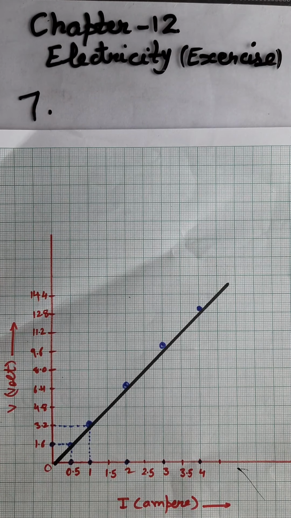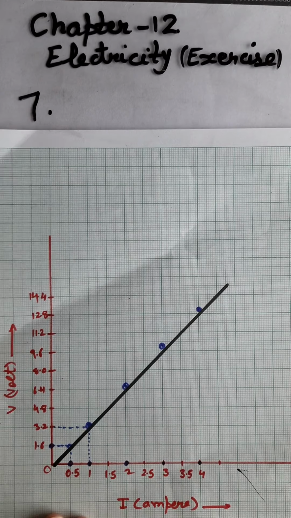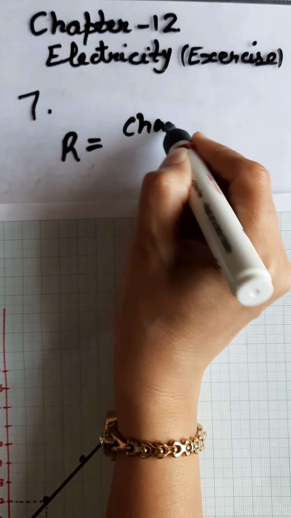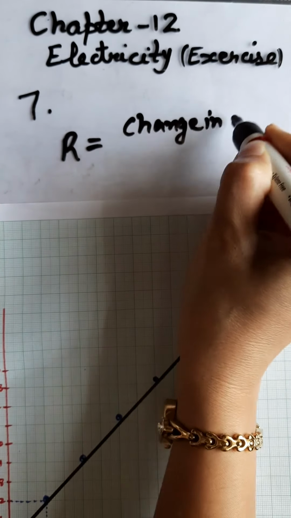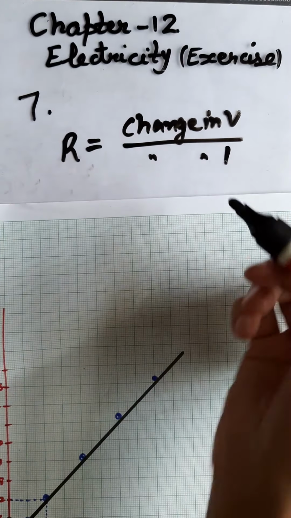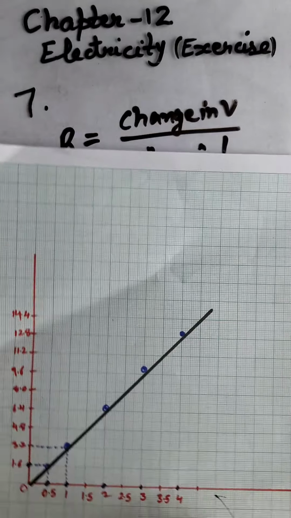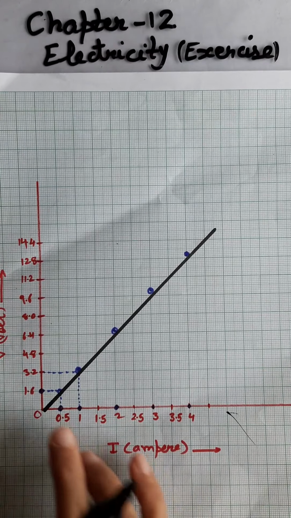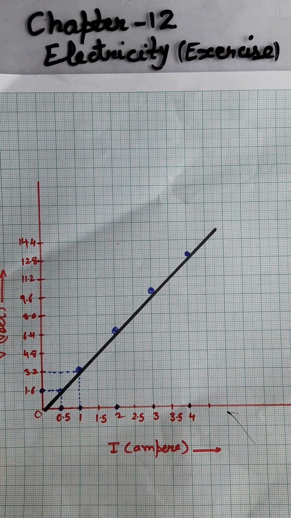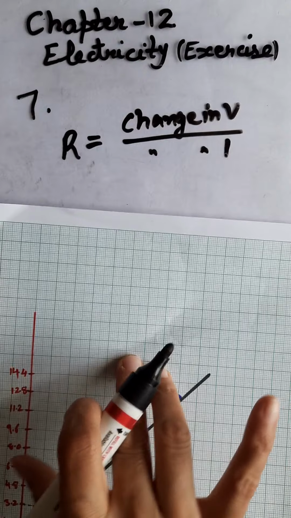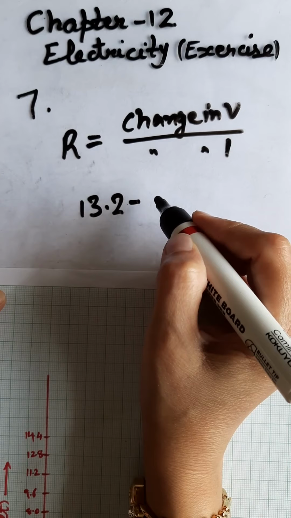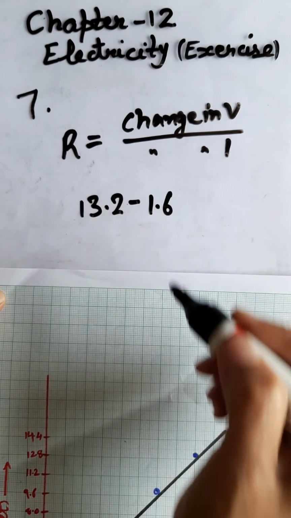And in another part we have to find resistance. As we know, resistance is equal to change in potential difference divided by change in current, as R equals V by I. So in this graph we can take any two values of potential difference. Suppose we take the values 13.2 minus 1.6. These values have been given in your book.